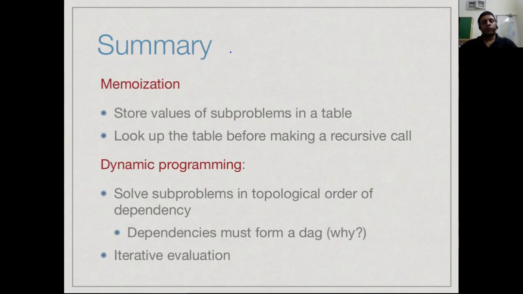In dynamic programming, on the other hand, we analyze the problem structure to identify the subproblems. And we know that this subproblem structure satisfies a DAG. The dependencies must form a DAG, because if it's not a DAG, then we'll have cycles and things will not be able to be solved anyway. And having done this, what we get from dynamic programming is iterative evaluation.